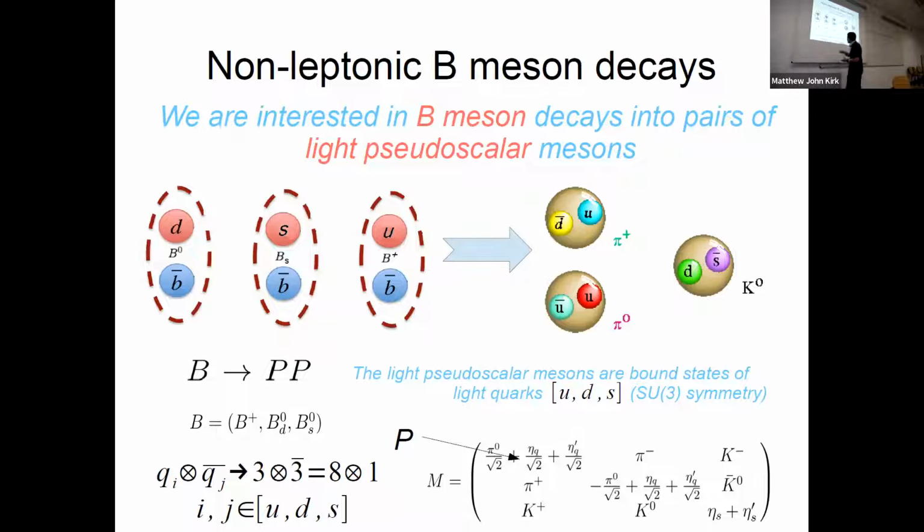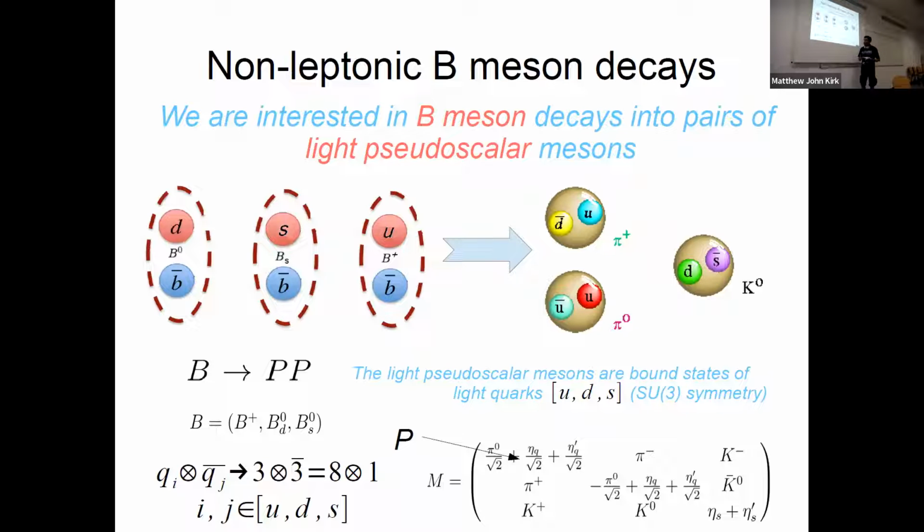Sorry, here it should be plus. This should be plus instead of a cross, so here you are calculating the tensor product, but it should be a plus instead of a cross. So that's my mistake. So the octet plus the singlet can be arranged in this matrix. So this matrix contains the possible values that this P in the final state can assume.